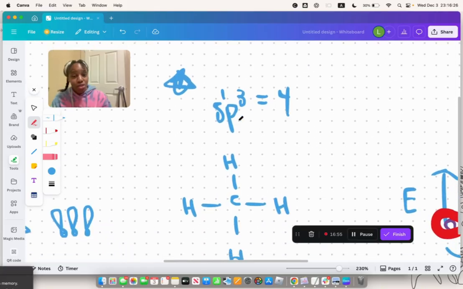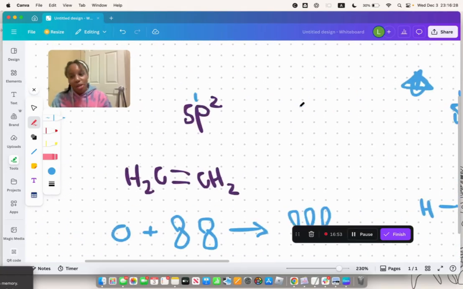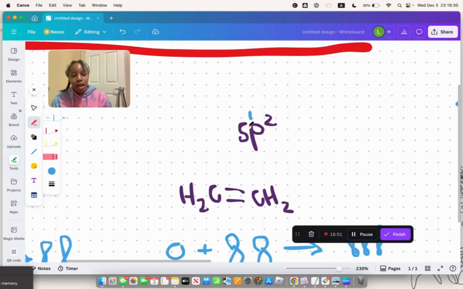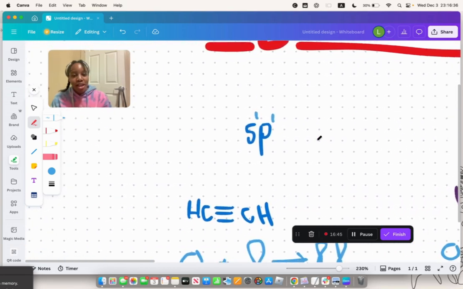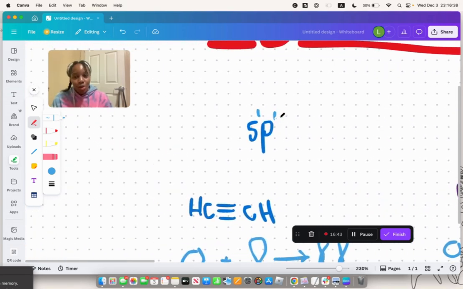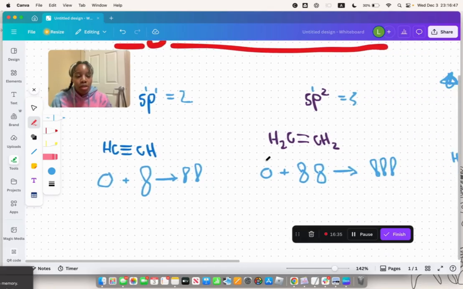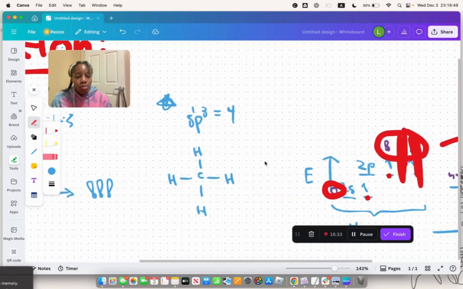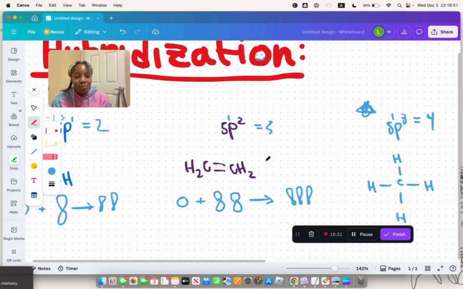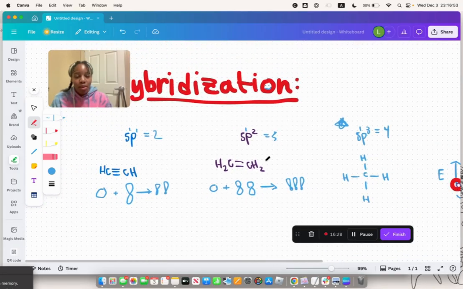So our sp3 has 4 hybridized orbitals. Our sp2 has 1 plus 2 equals 3 hybridized orbitals. And our sp has 1 plus 1, which equals 2 hybridized orbitals. So, that's just a little bit about orbitals. That's it.